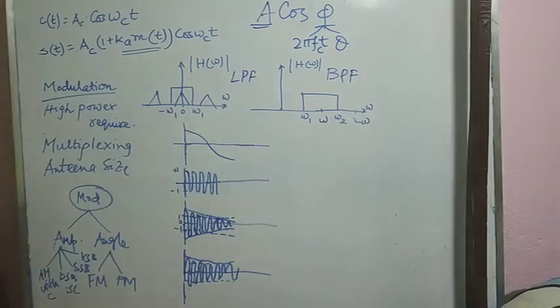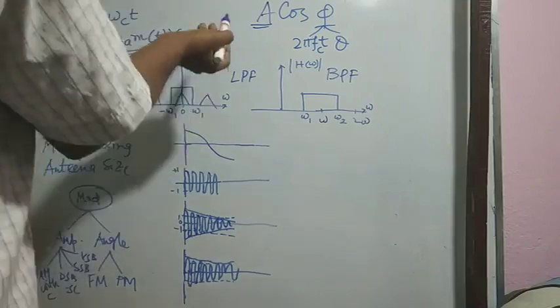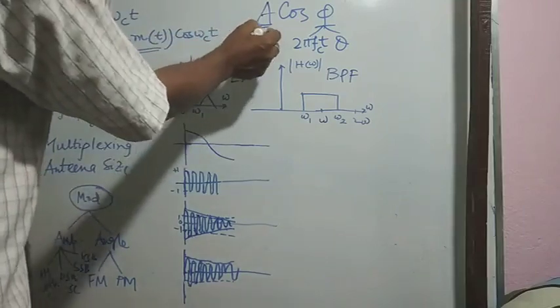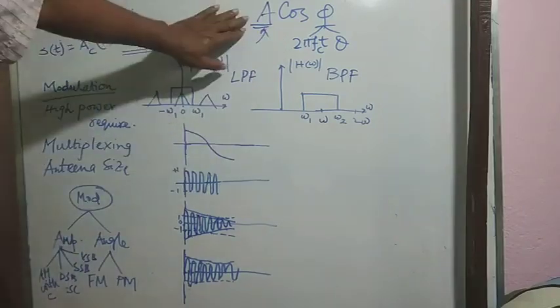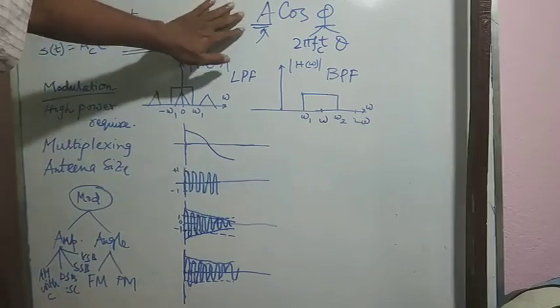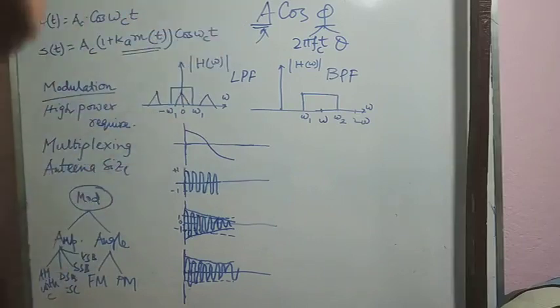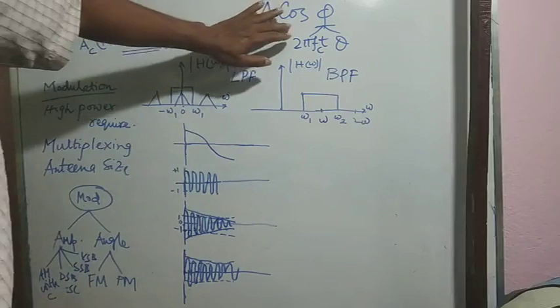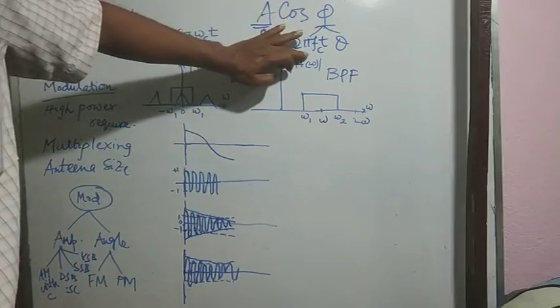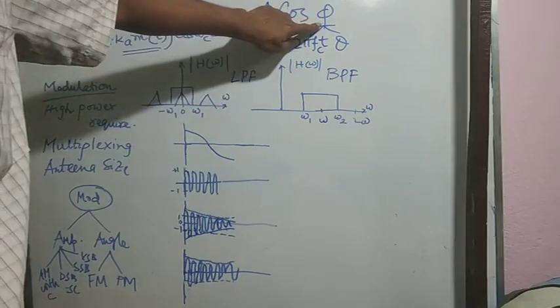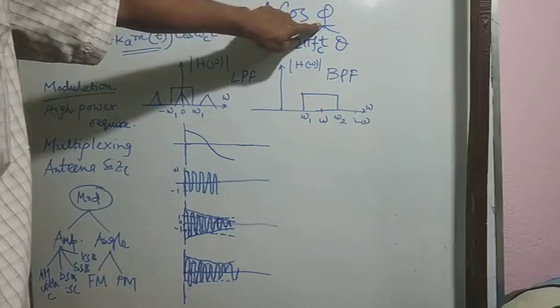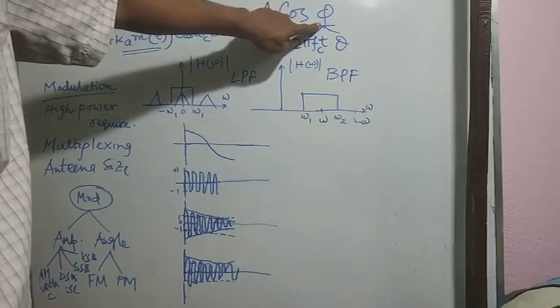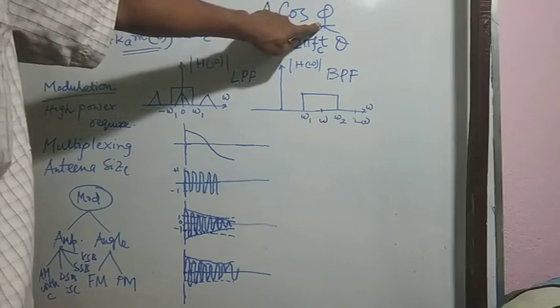Therefore, what we can tell is that if we change the carrier amplitude in accordance with the message signal, it is amplitude modulation and it has several subdivisions. If we change the angle of the carrier signal in accordance with the message signal, it is angle modulation.